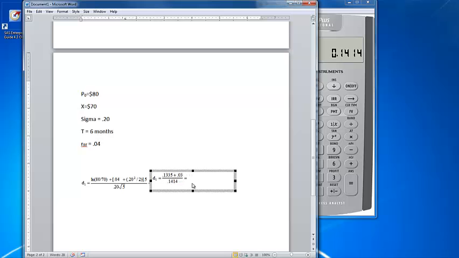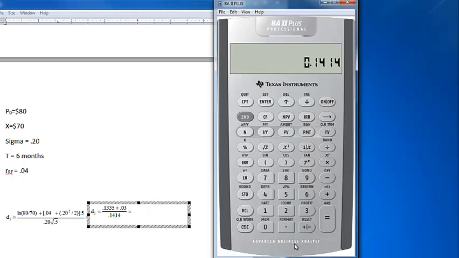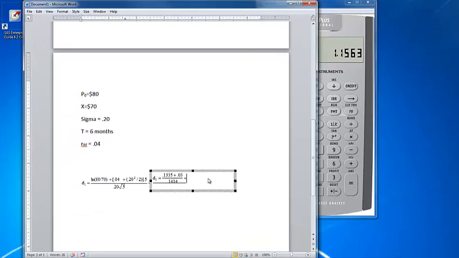Okay. So this is what you should have after doing those calculations, 0.1335 plus 0.03 divided by 0.1414, which gives you an answer of 1.1563.